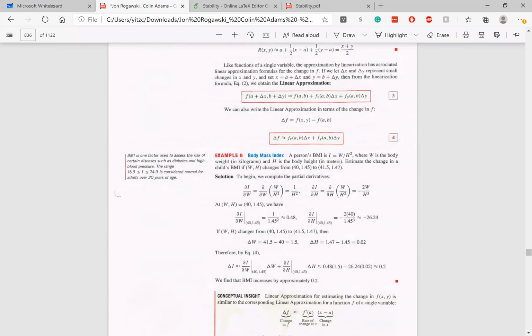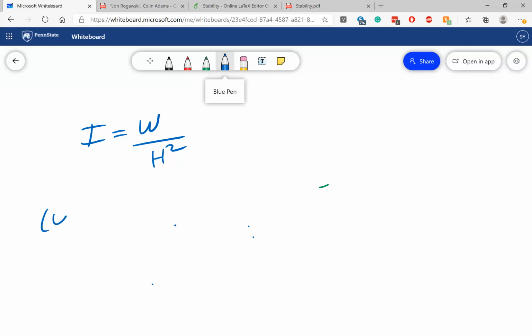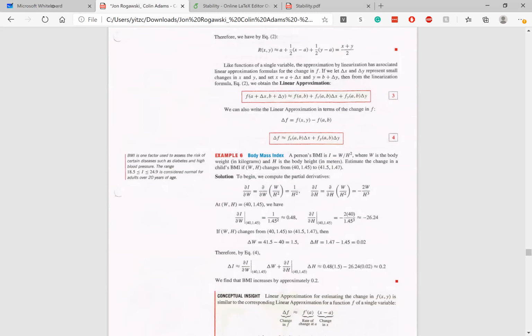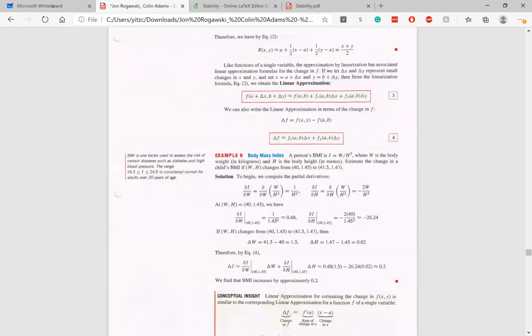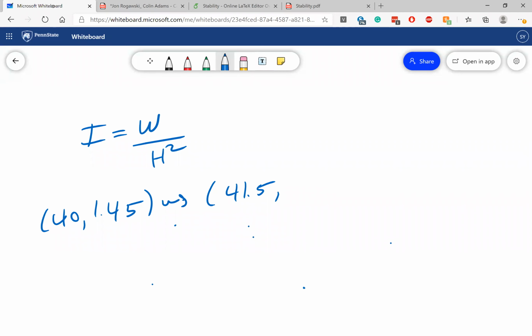Estimate the change in the child's BMI if (W, H) changes from (40, 1.45) to (41.5, 1.47).